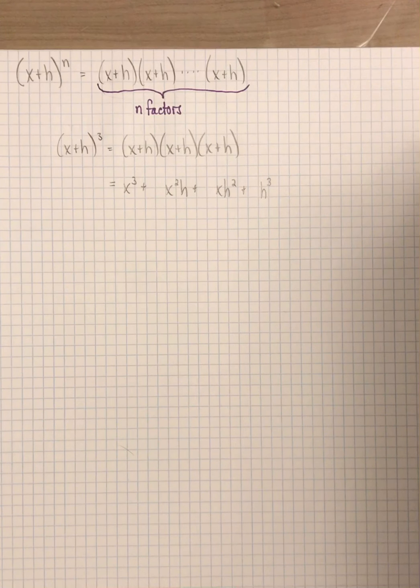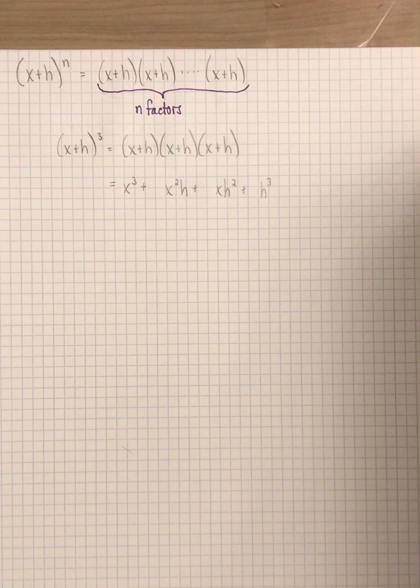Either all three are x, or I take out one x to use an h instead, or I take out a second x to use a second h, or I take out all three x's to use all three h's. This is every combination of ways that I can choose the factors to multiply together from these three binomials.